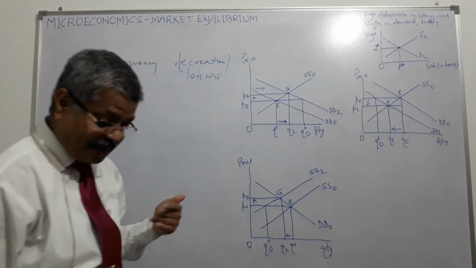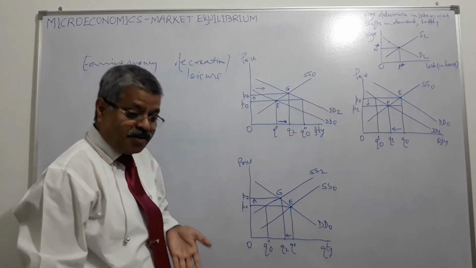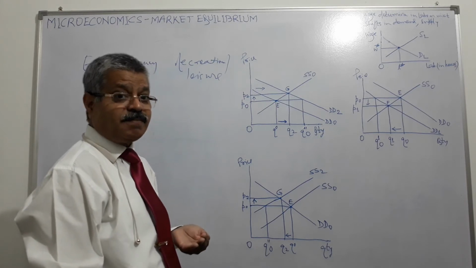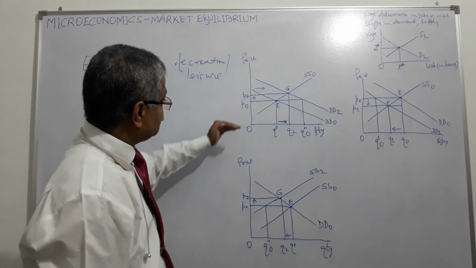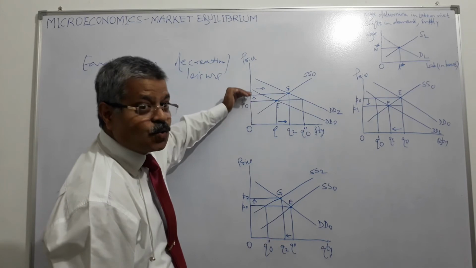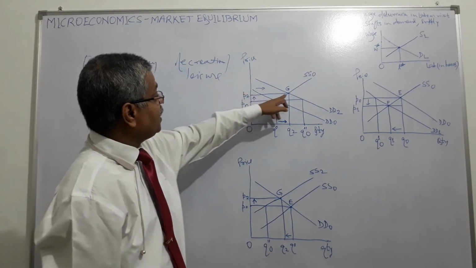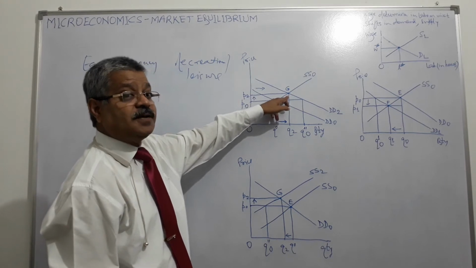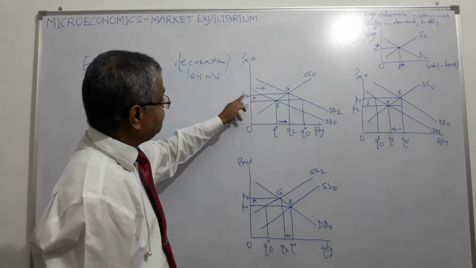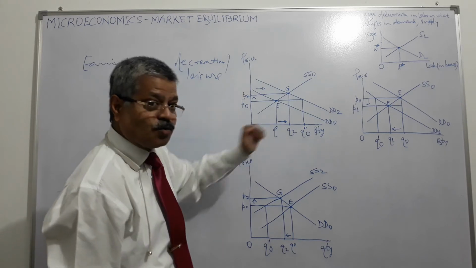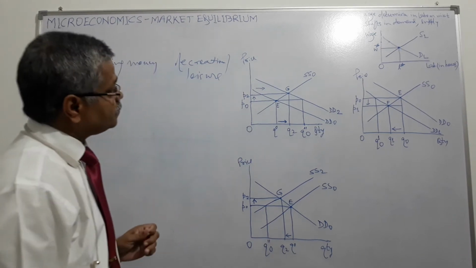So when the demand has increased, people may be willing to offer a higher price for the commodities they buy in the market. That will take the price to a higher level at P2, and the new equilibrium will be at G, which is P2 Q2: higher price, higher output, right?